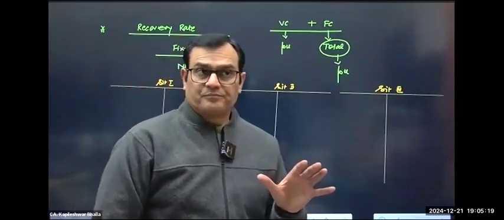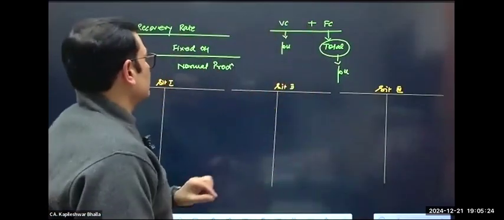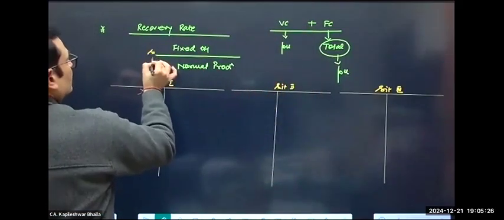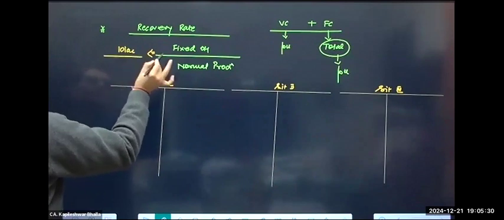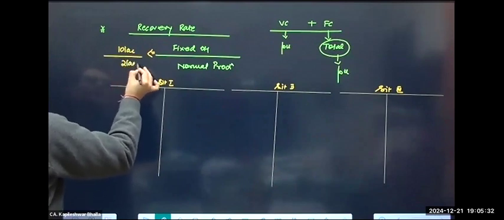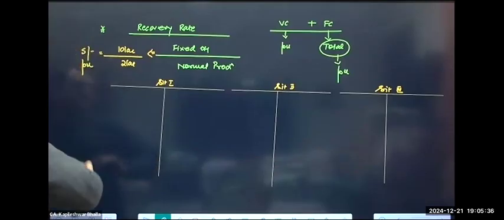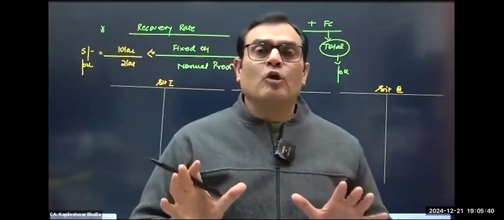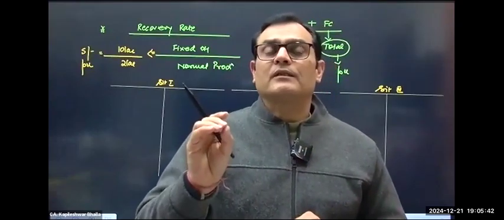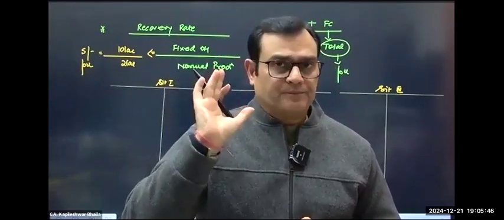Let's assume some figures. My fixed overheads are 10 lakh, and the normal production is 2 lakh units. So the recovery rate is 5 rupees per unit. I divided my fixed overheads by the normal production level, and the fixed overhead to be taken in inventory is 5 rupees per unit.